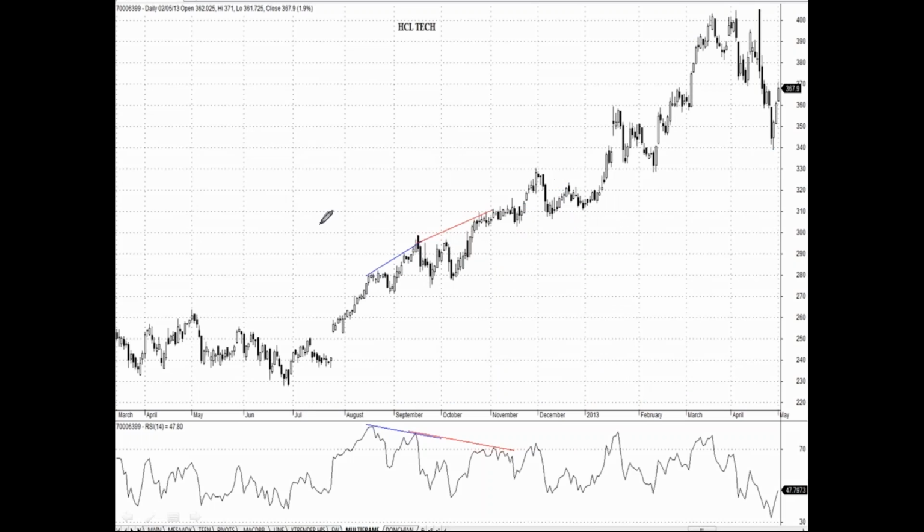It's in the bullish phase. The prices are recording higher highs. The indicator records a lower high, but the prices continue upwards. It won't correct. So this is what I was telling, that this bearish divergence will occur in a bullish market always, and vice versa.